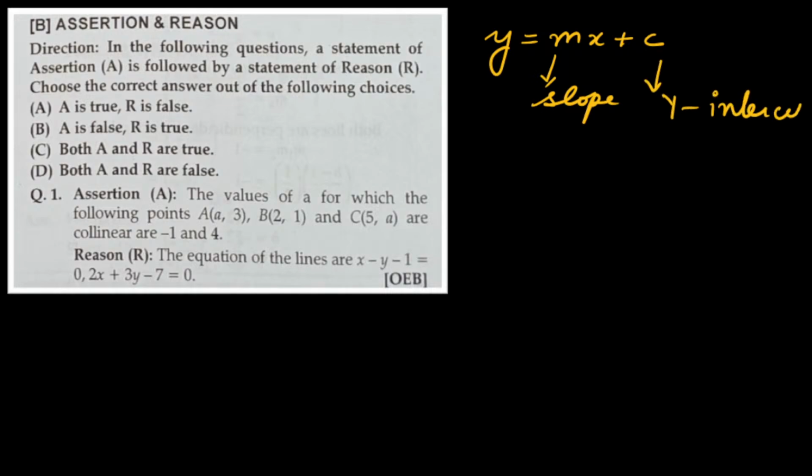The first one is slope intercept form, that is y = mx + c, where m is slope and c is y-intercept. This form is known as slope-intercept form.